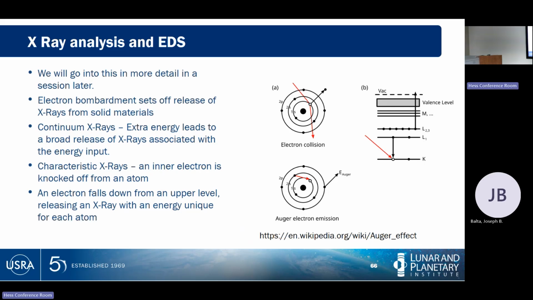There is, we'll talk about this later, a broad spectrum of X-rays that's released from material as electrons whip through them. But then, some of them do the Planck thing. In other words, they make specific jumps where they are quantized so that if an electron falls down from this orbital to this orbital, it releases an X-ray with a specific energy.